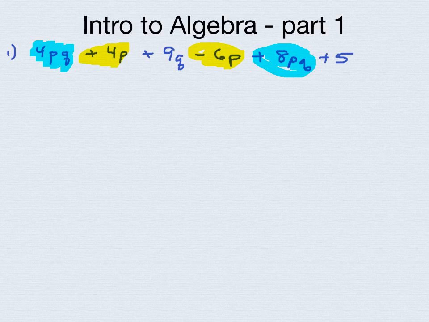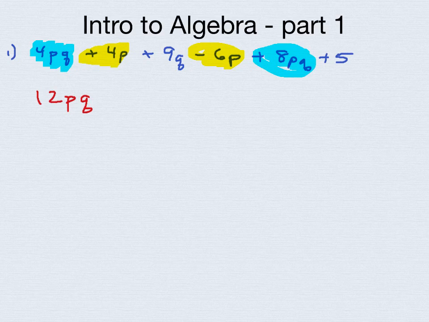What you can do though is put together your like terms. So your answer is going to be the combination of the 4pq and the positive 8pq, which is going to become 12pq. When you add like terms, the letters never change.